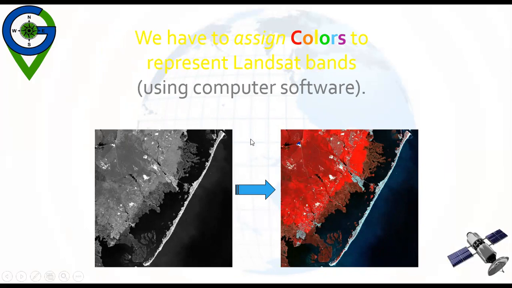This is how the image looks using computer software, and this type of assigning colors or making an FCC is also done using ArcGIS software.